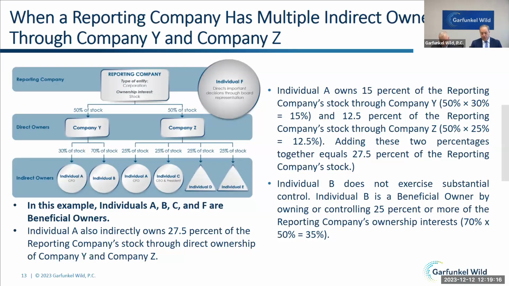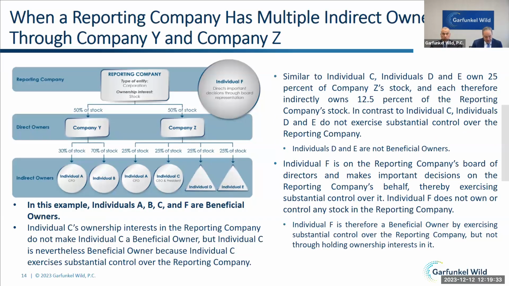David? Correct. So just following through the examples, individual B has 25% or more because they own 70% of the company that owns 50%, so that's 35%. Individual C doesn't have an ownership interest, but he or she's CEO and president, so that's substantial control.